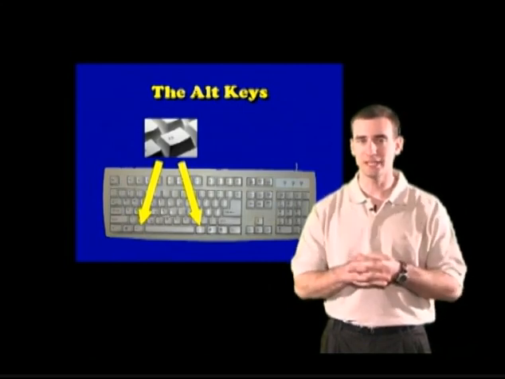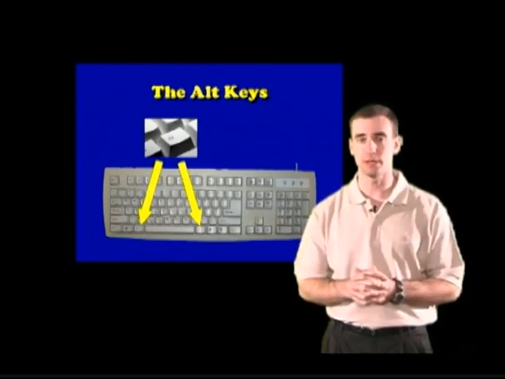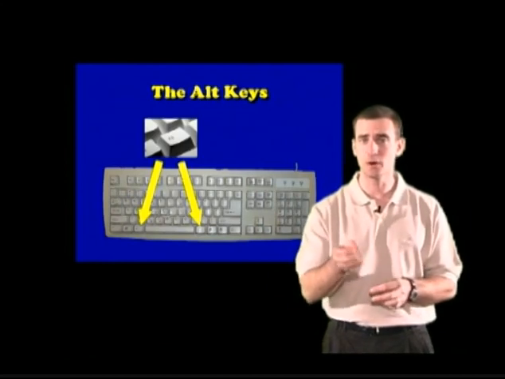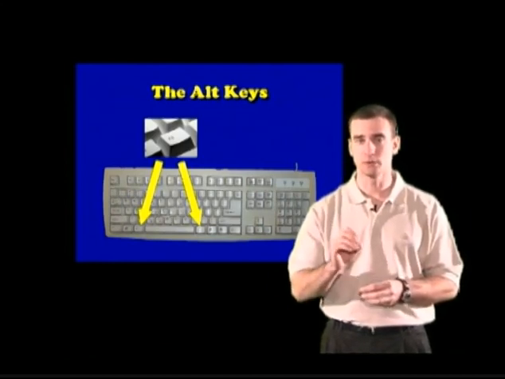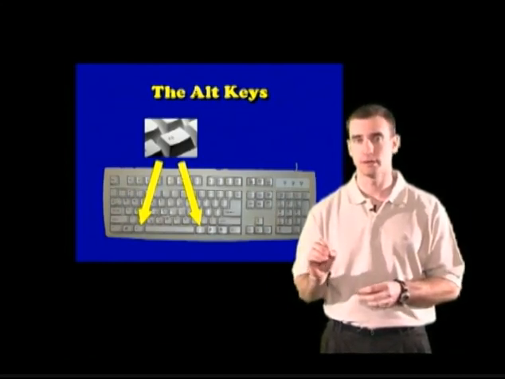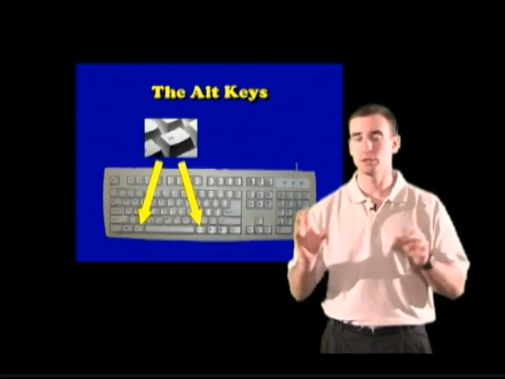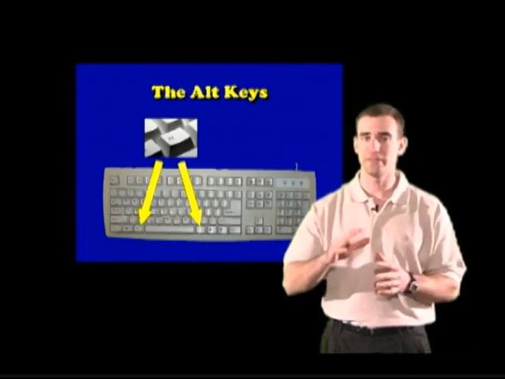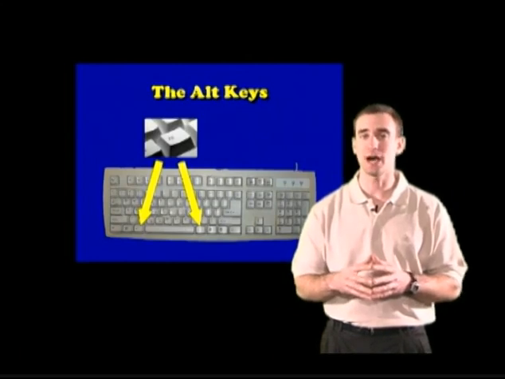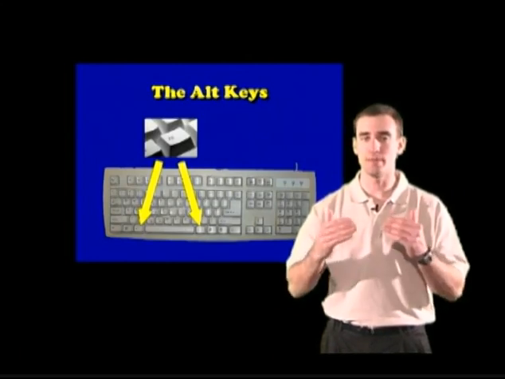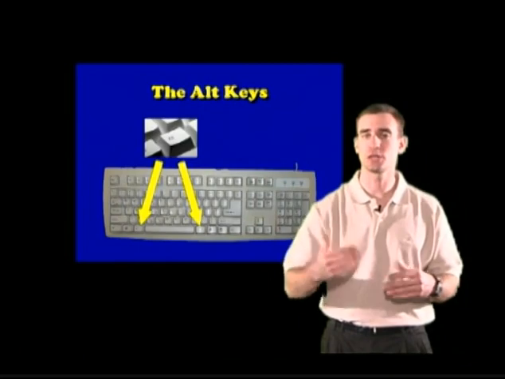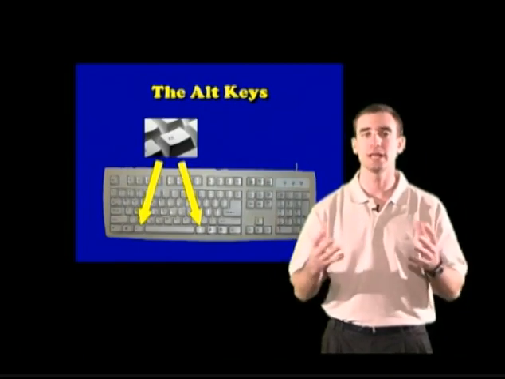If you press your Alt key again, that underline will disappear. If those letters are underlined, your Alt key has been activated. And if you press any of those letters on your keyboard, either the menu will open or a function within that menu will take place.